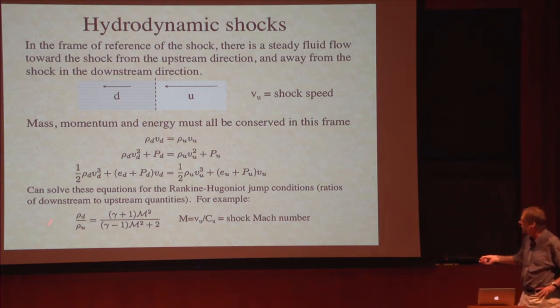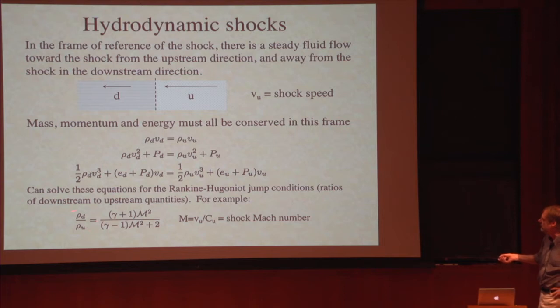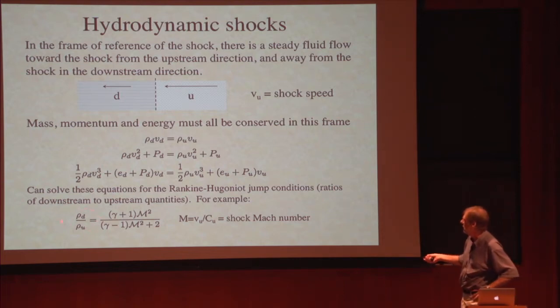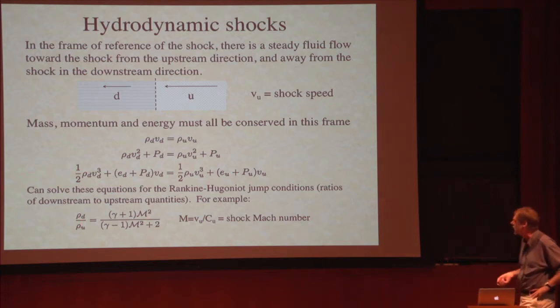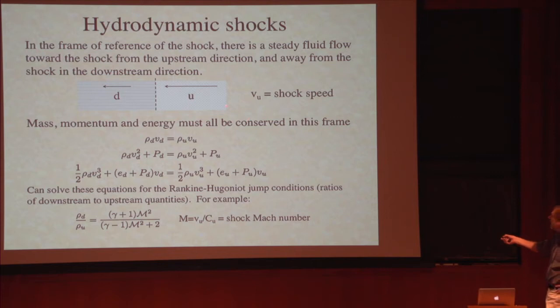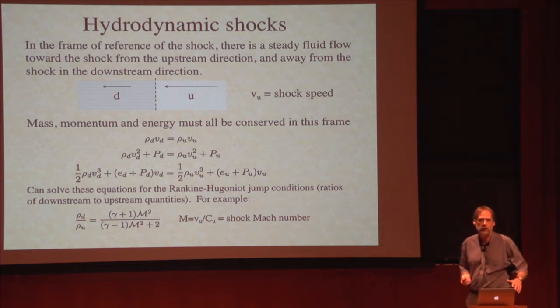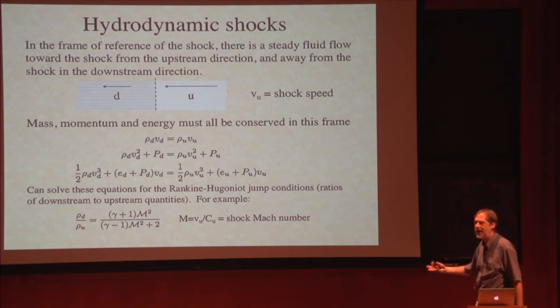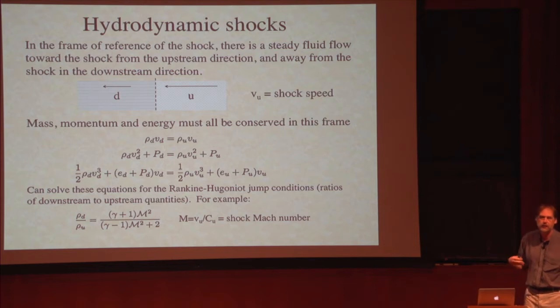So for example, the most well-known is the Rankine-Hugoniot jump conditions. The density ratio in a hydrodynamical shock has this form here, where this script M is the shock Mach number, the ratio of this upstream flow velocity to the sound speed. And as you probably know or have heard, for the high Mach number limit, this reduces just to gamma plus 1 over gamma minus 1. And then for a gamma 5/3 gas, this reduces to a jump condition of 4.